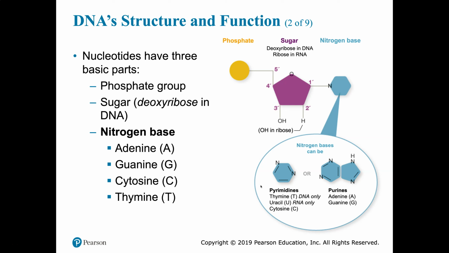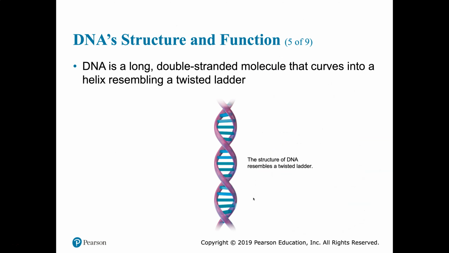So hydrogen bonds will hold the two strands together. Cytosine and guanine will be paired together with 3 hydrogen bonds. Adenine and thymine, 2 hydrogen bonds. Cytosine, guanine, 3 hydrogen bonds. Adenine, thymine, 2 hydrogen bonds.